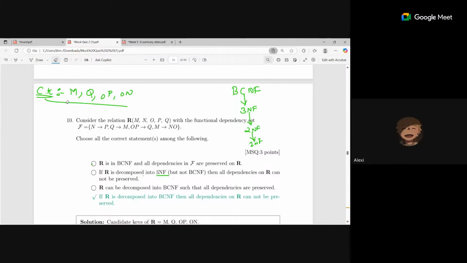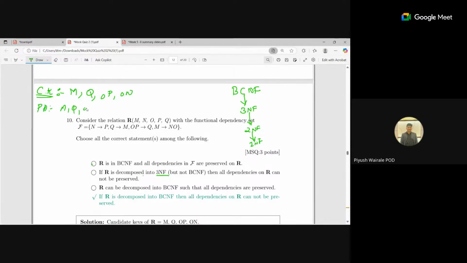Now we have prime attribute. What is prime attribute here? M, Q, O, P, N. All are prime attributes here, right? So is this in 2NF? Now check. Yes, because there is no non-prime attribute.